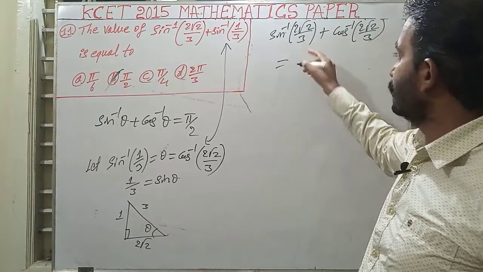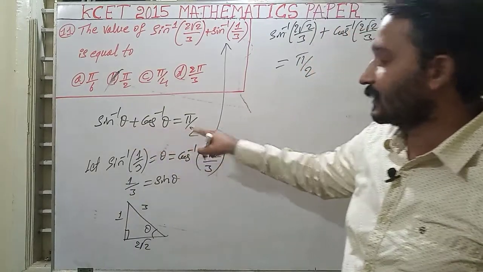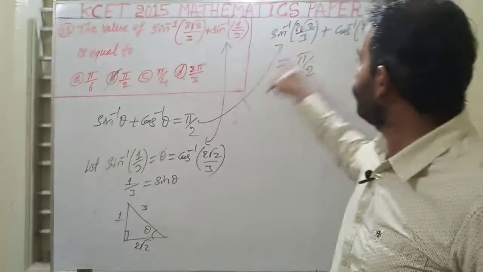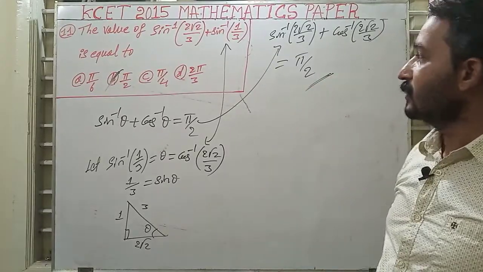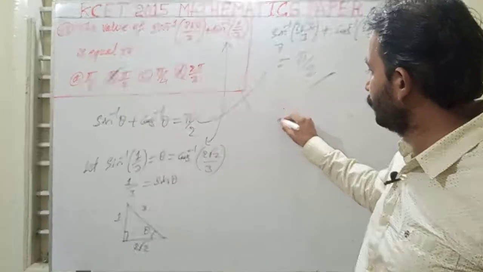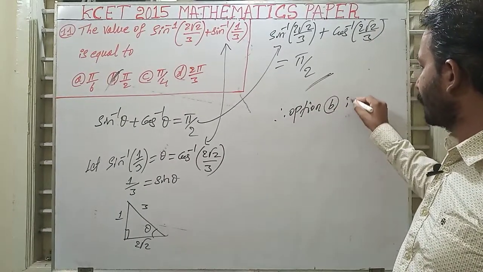The value becomes pi by 2, because sin inverse theta plus cos inverse theta is equal to pi by 2. So using this formula we find the value pi by 2, which is a good answer. Option B is correct.